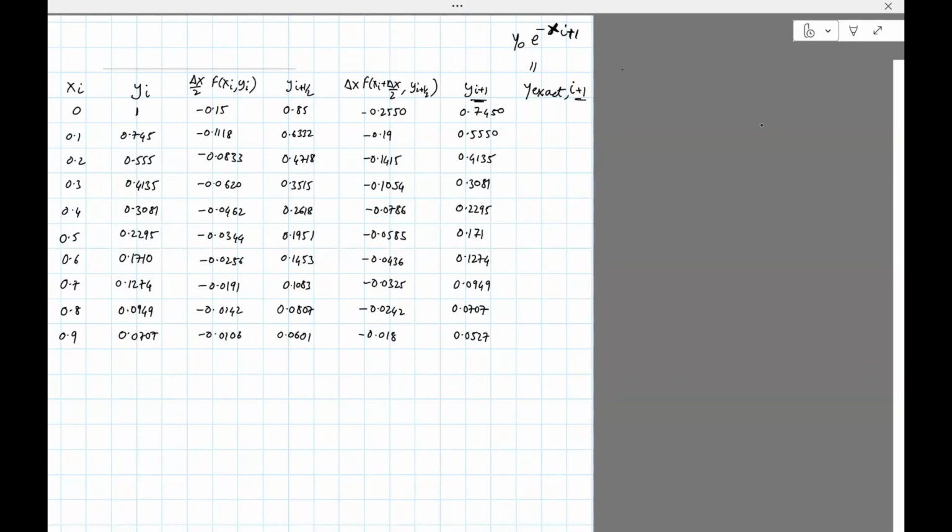So let me just check my calculation here. 1 times exponential minus 0.9048. Okay, so here the value is 0.8187.